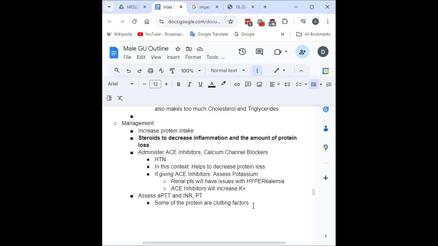Maybe think of it like your tubules are a bouncer at a club. Their job is to block the protein from leaking. But now they have an extra problem to deal with. They have inflammation that's kind of distracting them, and they allow things that they shouldn't be allowing into the club. Does that make sense? That's the rationale behind the permeability.